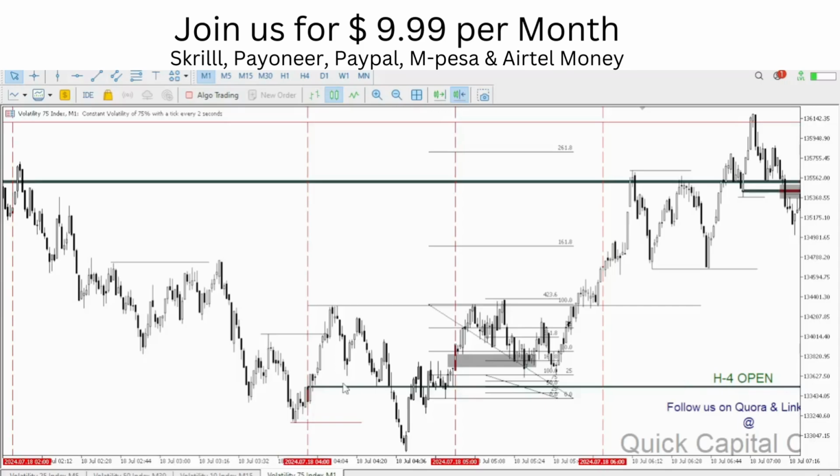As you know, what we are doing in the marketplace is running buy side liquidity, sell side liquidity, buy side liquidity, sell side liquidity, filling the inefficiencies and mitigating the order blocks, the mitigation blocks and the breaker blocks. That's basically what the price is doing.